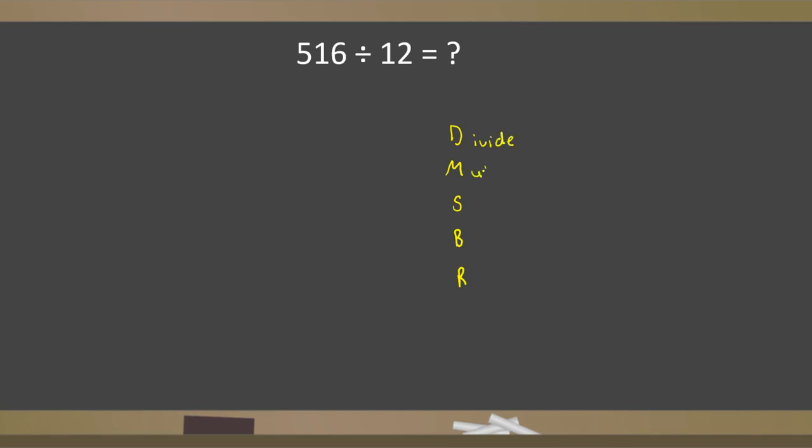Mother stood for multiply. Sister stood for subtract. Brother stood for bring down. And Rover stood for remainder. If that's what you need to help you do this, go ahead and do it.